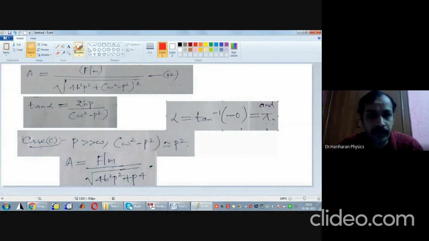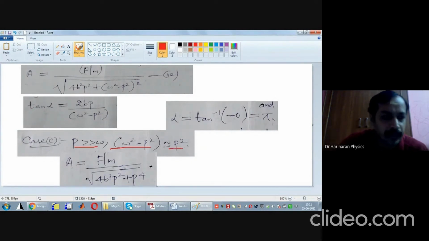Now look here. If P happens to be far higher than omega, then omega square minus P square will be same as P square. For example, 1 crore square is greater than 25, therefore the difference will hardly matter. So omega square minus P square will be as good as P square.